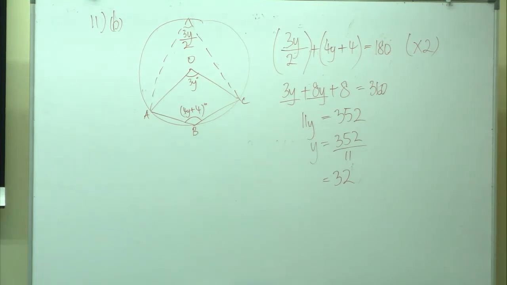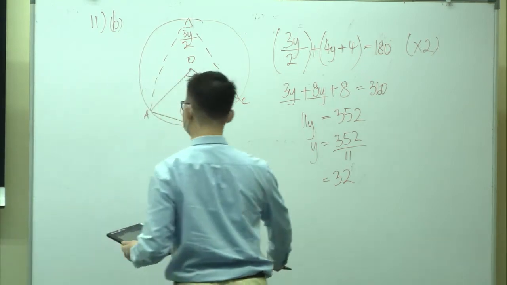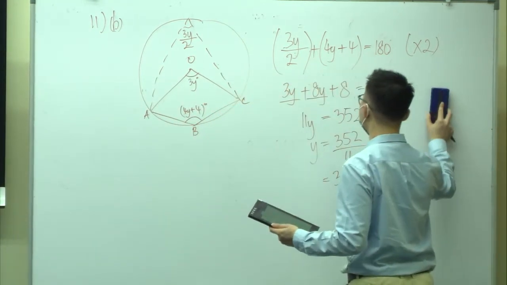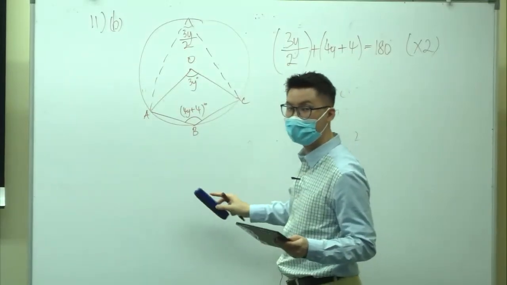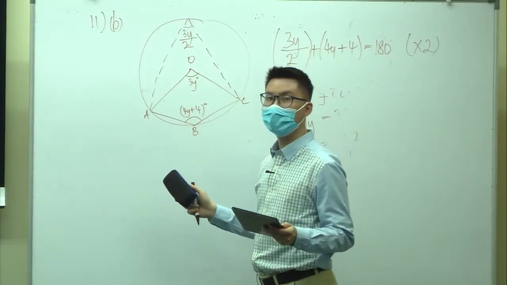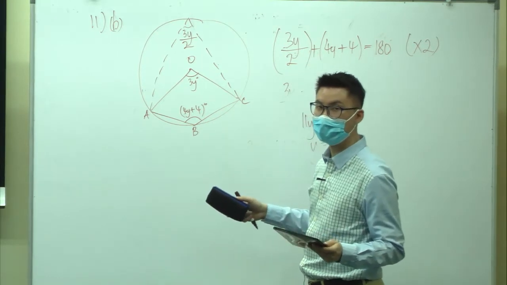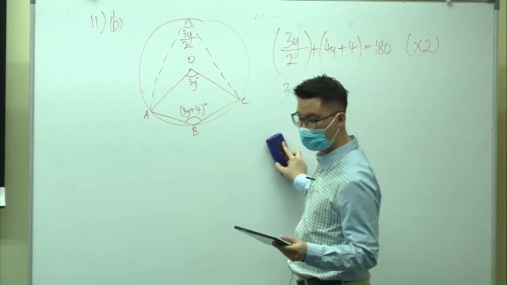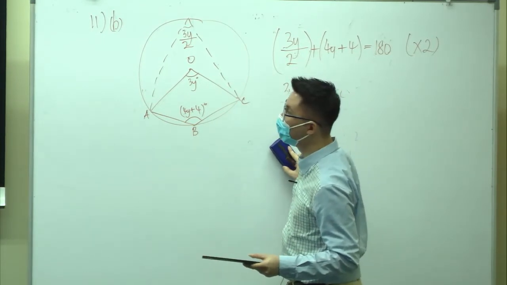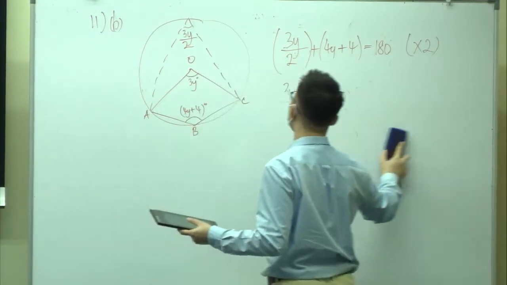This is the paper that I already sent to you in the WhatsApp group. Please open the paper. I have already sent the paper to you in the WhatsApp group. This is a paper from 2017, and this is paper 2.